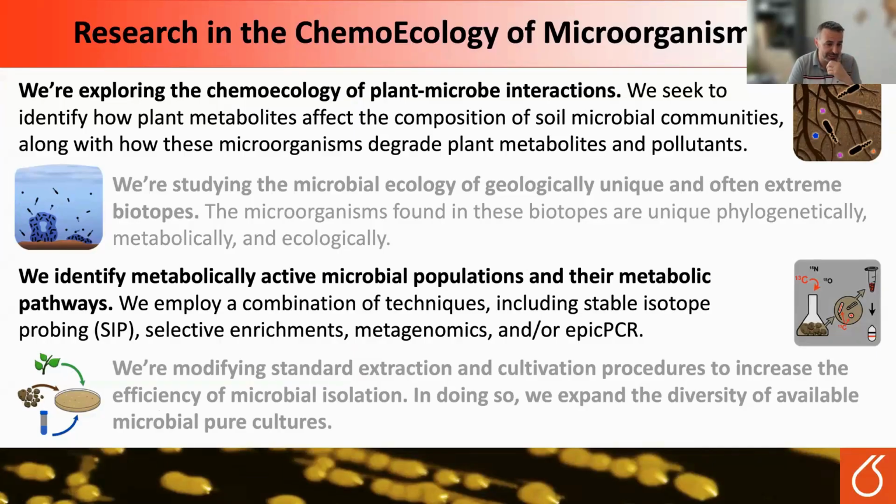We also try to identify metabolically active microbes, and we look into their metabolic pathways. To do so, we use stable isotope probing, selective enrichments, metagenomics, and qPCR. Maybe about some of these techniques I will tell you more some other time, but today we're going to be speaking mostly about liquid enrichment cultures and metagenomics.